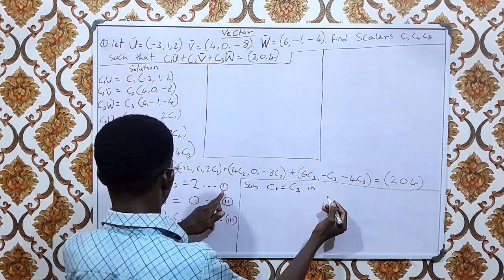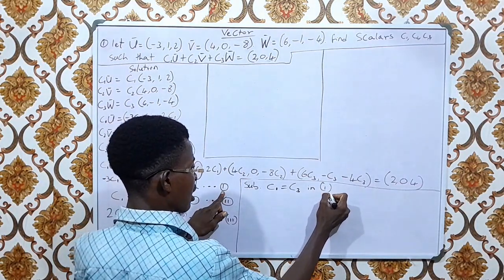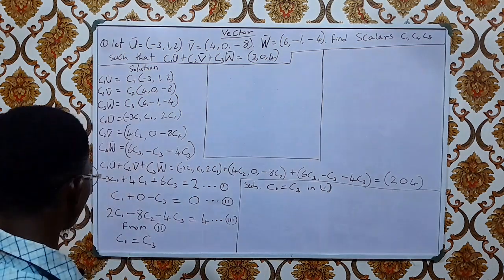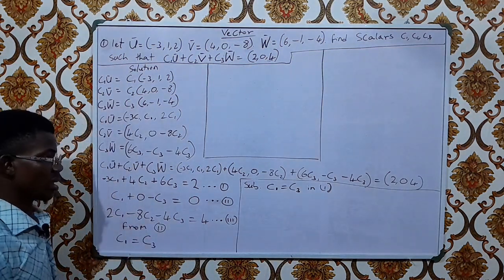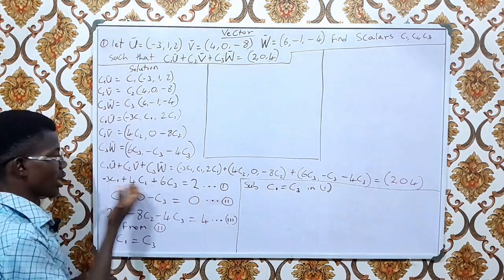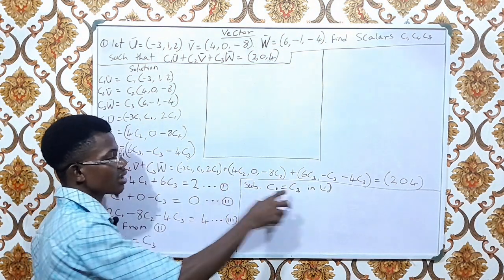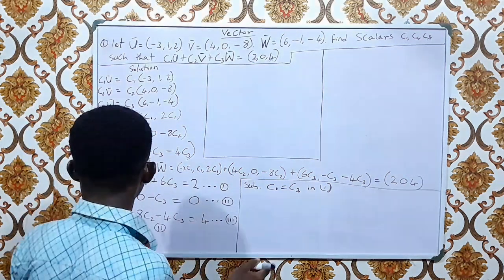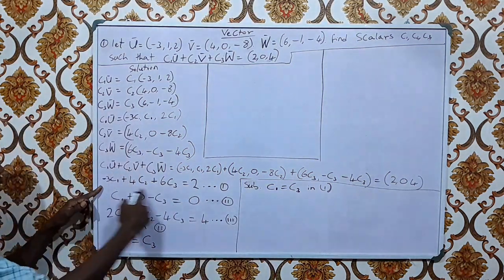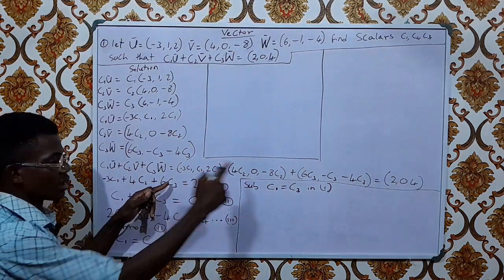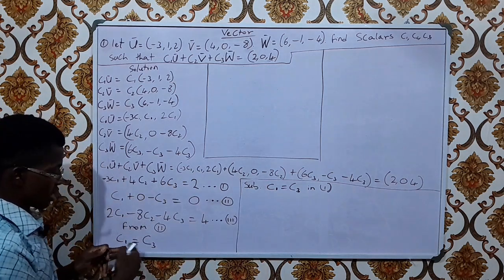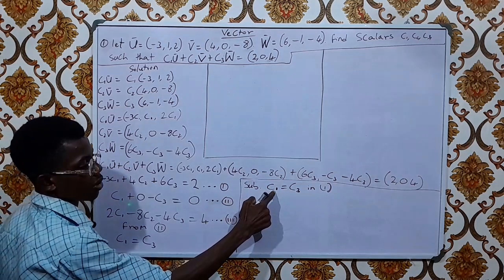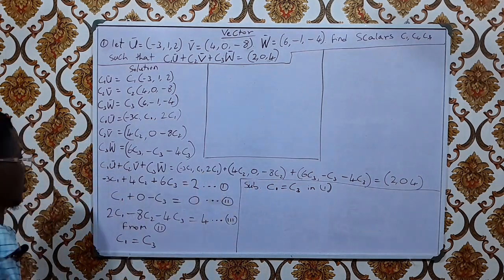That is in 1. We should put this in 1. This means that if we reach here, remove C3, represent it with C1. Since C1 and C3 are equal, we want to remove this C3 and put C1.